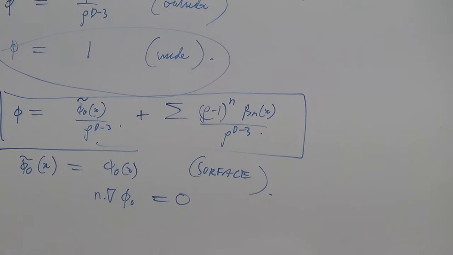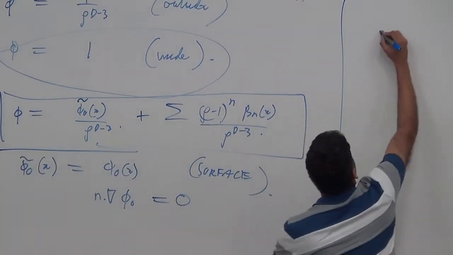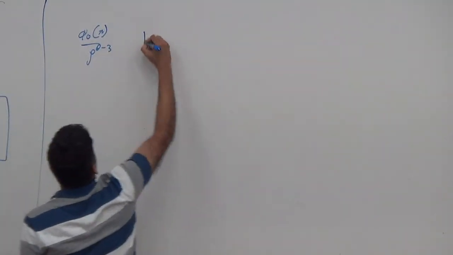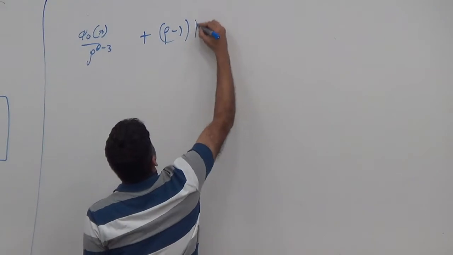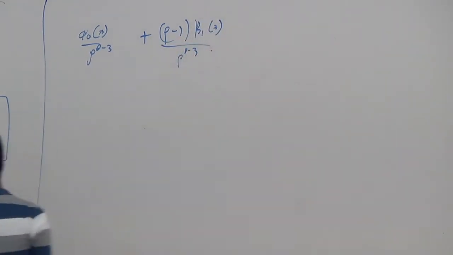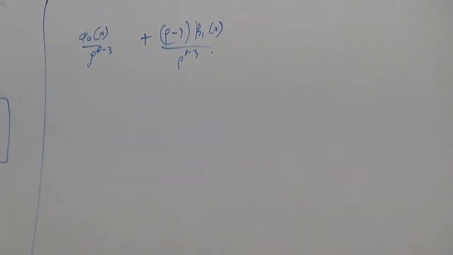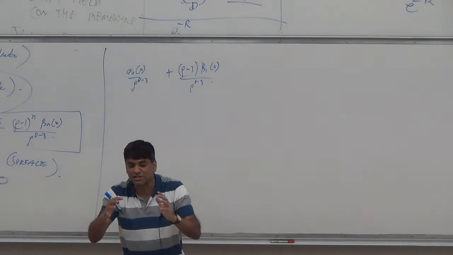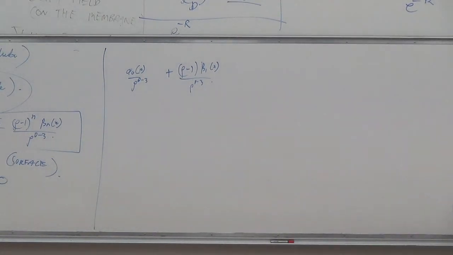Okay? So at the lowest order, we'll just keep phi naught of x divided by rho to the power d minus 3 plus rho minus 1 times beta 1 of x over rho to the power d minus 3. Now, once again, my beta 1s are going to be functions defined by data just on the membrane.